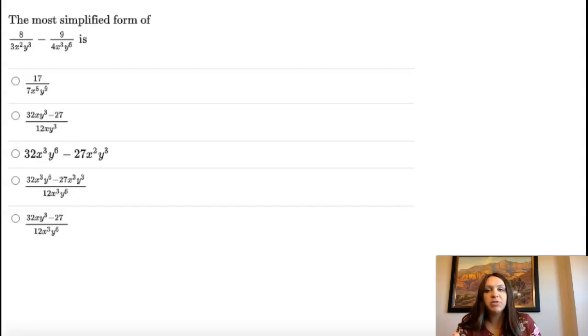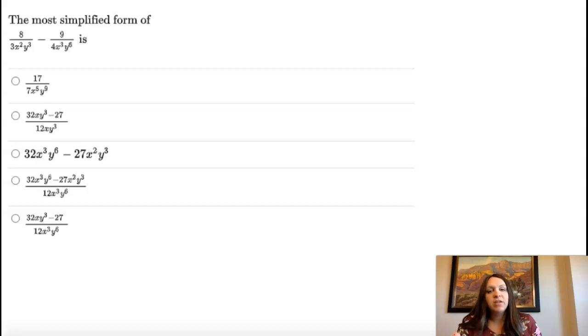We're going to multiply those together. So I'm going to rewrite this. I have 8 over 3x squared y to the third minus 9 over 4x to the third y to the sixth.